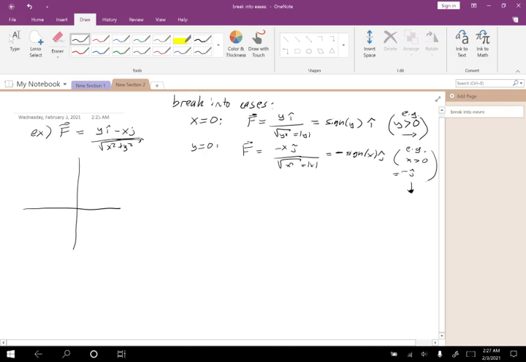Okay? So with this information for these two cases, I think it's worth just plotting these out. Let's do x equals 0 first. That's the y-axis. If y is greater than 0, then it points to the right. And if y is less than 0, it switches sign.